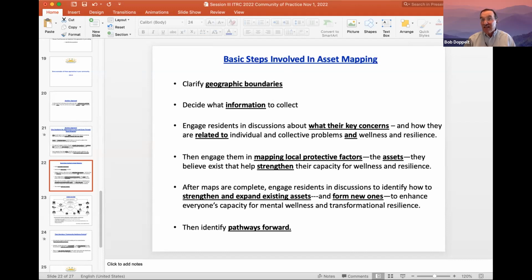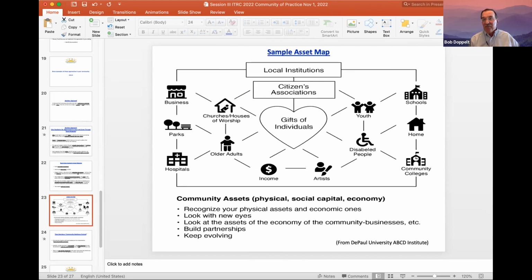There are some basic steps involved with asset mapping, but here's a sample asset map from the DePaul University ABCD Institute, Asset-Based Community Development Institute. You want to identify local institutions, civic organizations, individuals that have specific skills. And just like a systems map, you put all those on a piece of paper where everybody can see them.